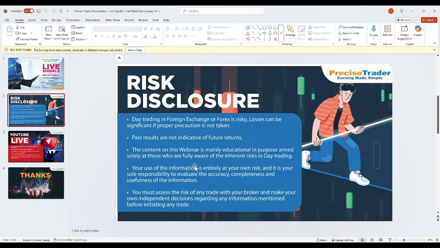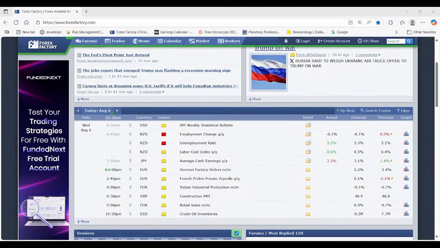With that, we move on to our live analysis. The key data. Okay, the key data that is out today is we have from New Zealand the unemployment rate, which came out slightly better than forecast.